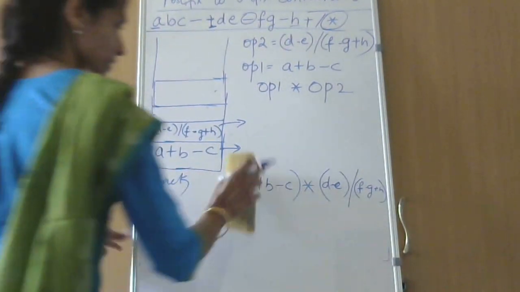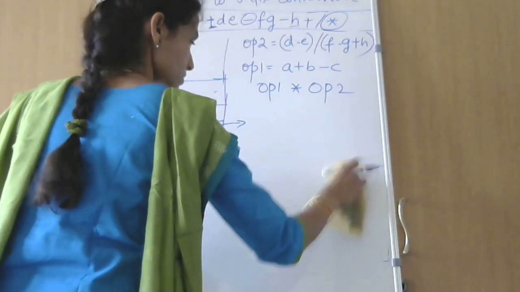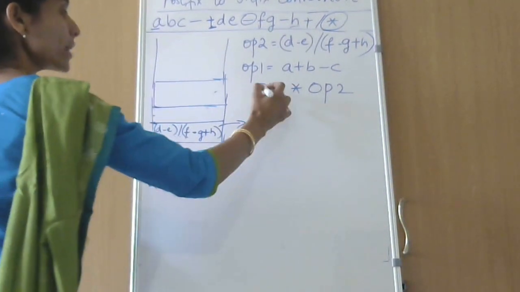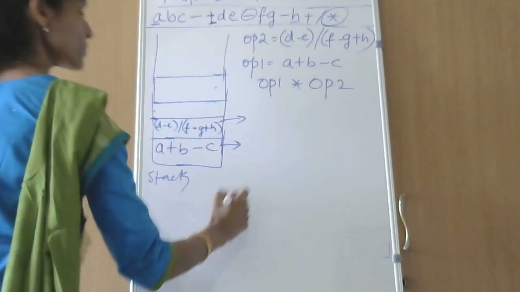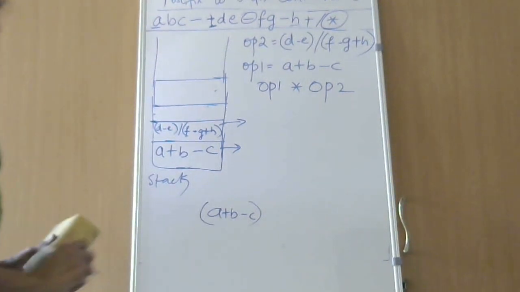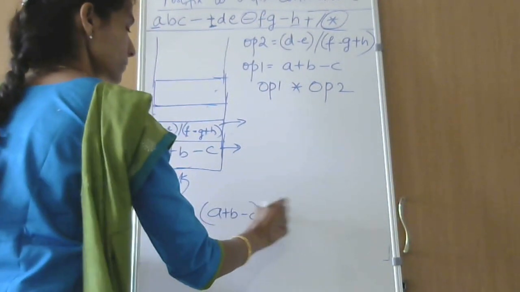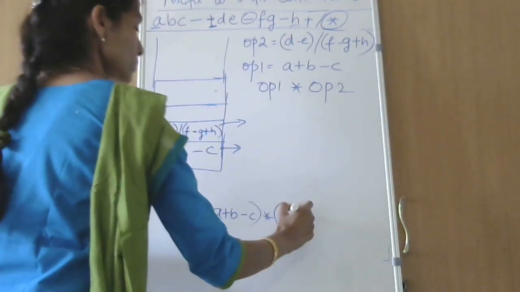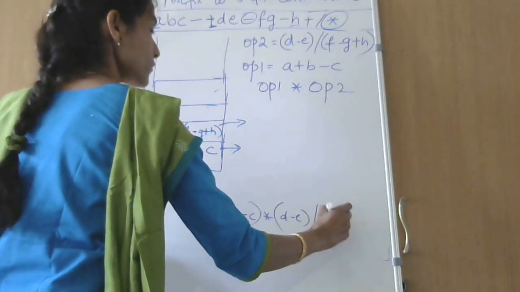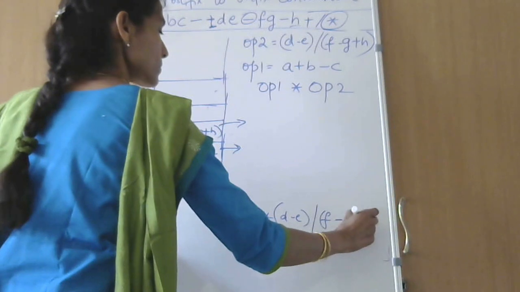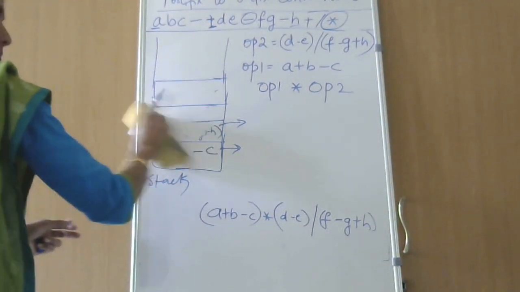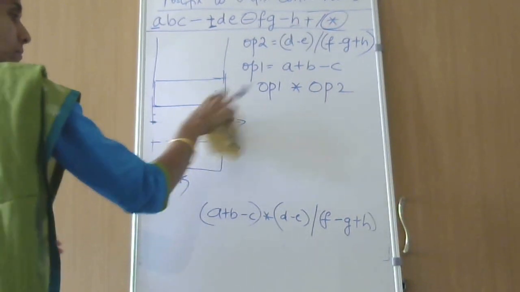Maybe it's not clear, I'll write it again. There's no space here. Okay. What do I do? OP1 star OP2. What is OP1? A plus B minus C. This is my OP1. Star OP2. D minus E slash F minus G plus H. These two we have popped out. So my stack is actually empty now.